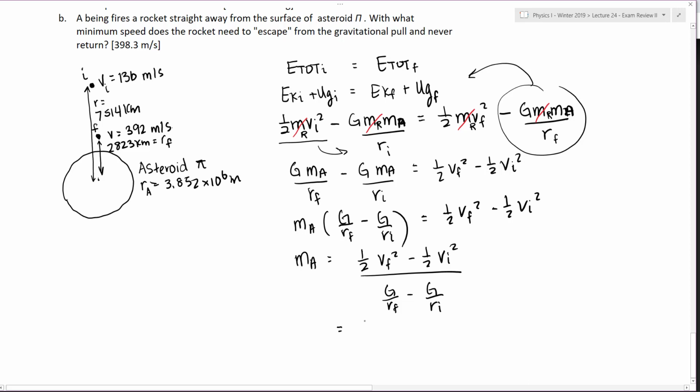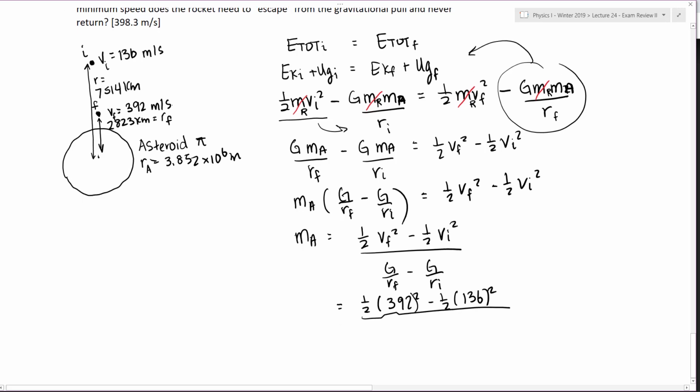Okay, now I'm going to plug everything in. 1/2 v final. So this was my v final, 392 squared minus 1/2 v initial, which was 136 squared, over G. G is my gravitational constant. It's always 6.67 times 10 to the negative 11.